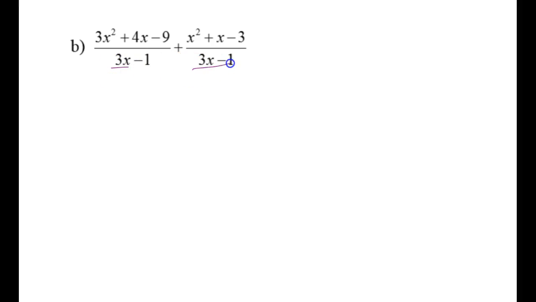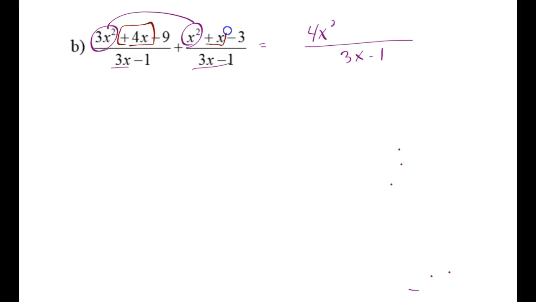So again, I've got common denominators, so I'm simply just going to add the numerators. So I'm going to save a little bit of time and not write that out all up here. I'll just start adding. So 3x squared plus x squared is a whopping 4x squared. I'll combine my x terms for a total of 5x's.